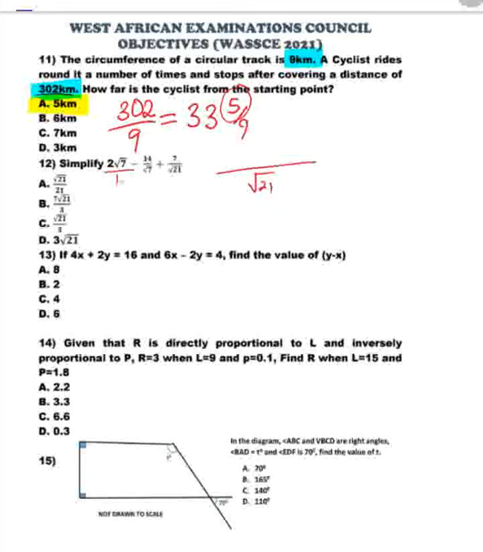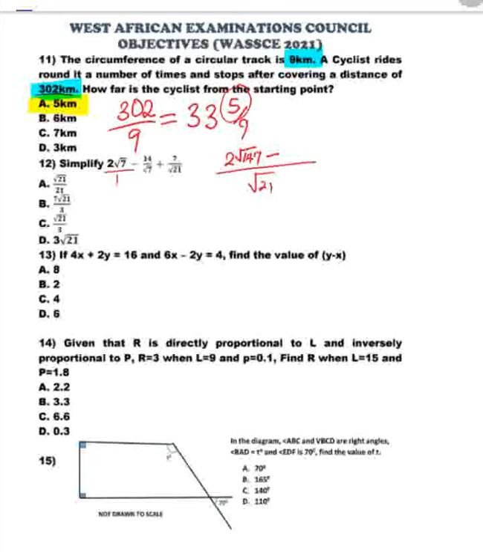So root 21 divided by 1 is going to be root 21, and root 21 times 2 root 21 is going to give us 2 root 147 minus root 21 divided by root 7.